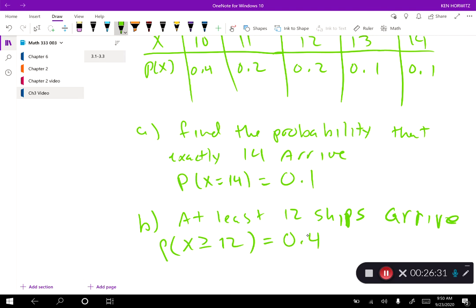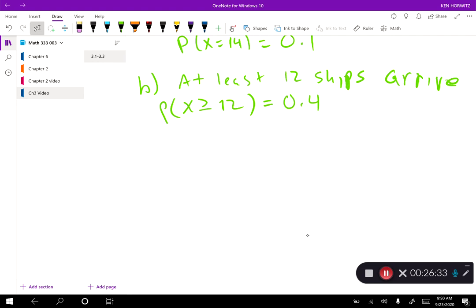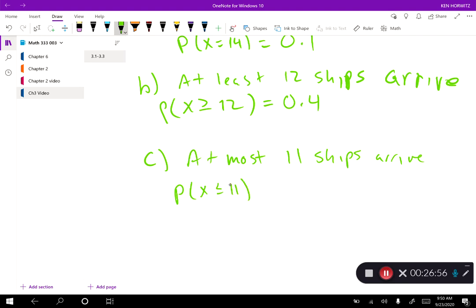All right, and lastly, I want to know the probability that at most 11 ships arrive. And if it's at most 11 ships arrive, I want to know the probability that x is going to be less than or equal to 11, right?